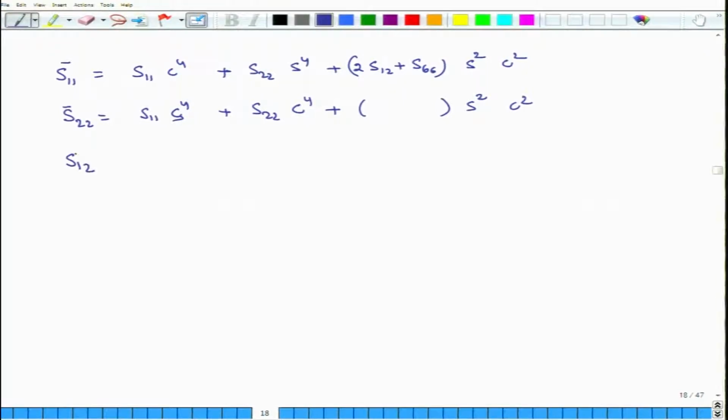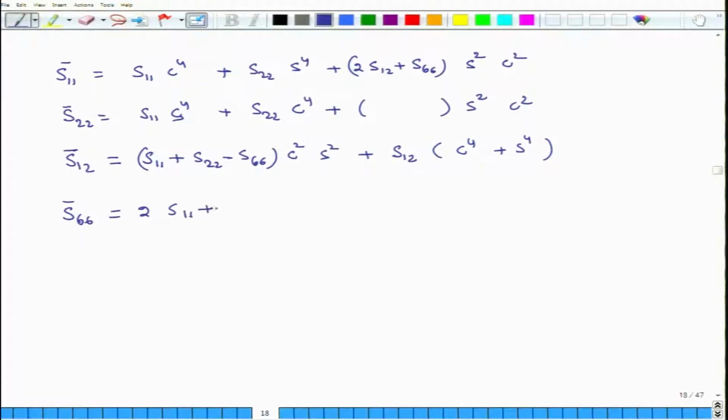Then we have S12 bar, this is equal to (S11 plus S22 minus S66) times cosine square theta sine square theta, plus S12 (cosine 4 plus sine 4 theta), and then S66 bar equals 2 S11 plus 2 S22 minus 4 S12 minus S66.